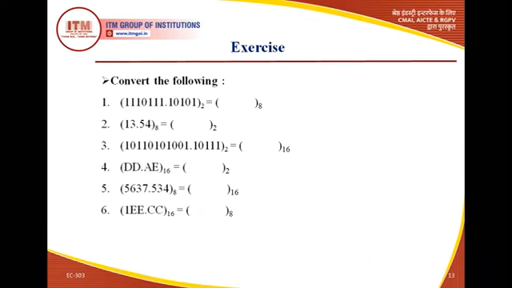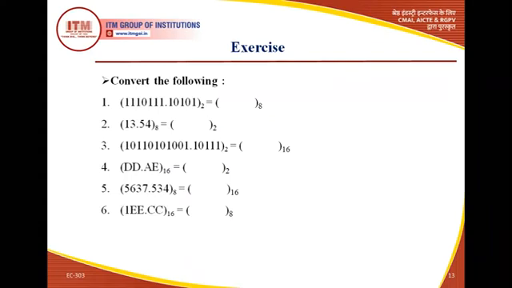So simply, for converting an octal number into a binary number, each octal digit is represented by its equivalent 3-bit binary number, while for converting a hexadecimal to a binary number, each hexadecimal digit is represented by its equivalent 4-bit binary number. Similarly, we make groups of 3 bits or 4 bits for converting binary to octal or binary to hexadecimal. Okay.